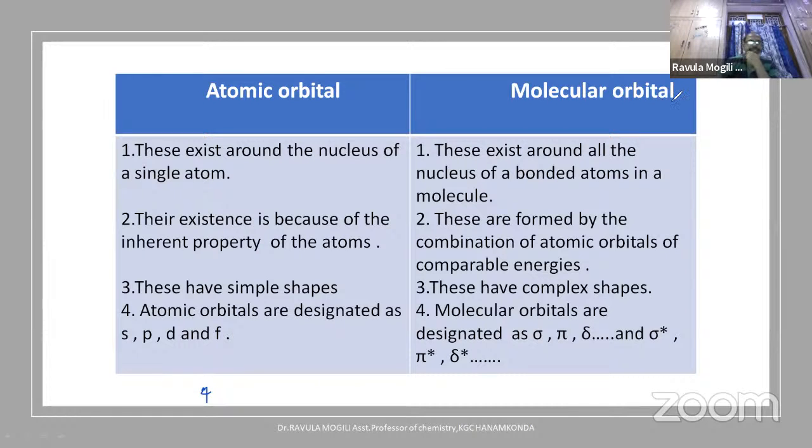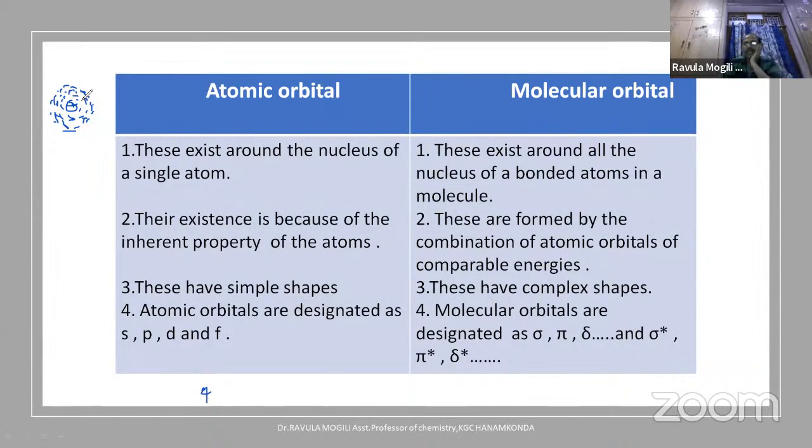Suppose we take this as a nucleus. The electron cloud around only one nucleus is called an atomic orbital.